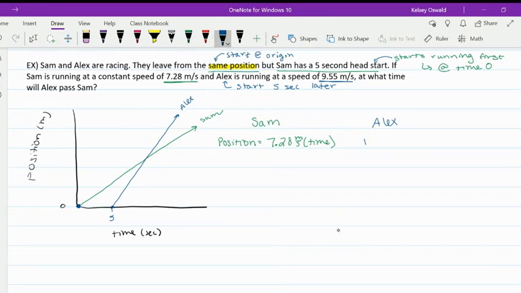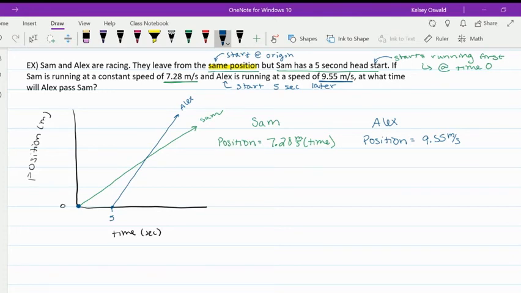Alex, when we look at his equation, we again have our position equal to our slope. Remember, that's the same thing as our speed, so 9.55 meters per second. Notice how since they are running in the same direction, both slopes are positive. So those slopes are going to have the same sign.